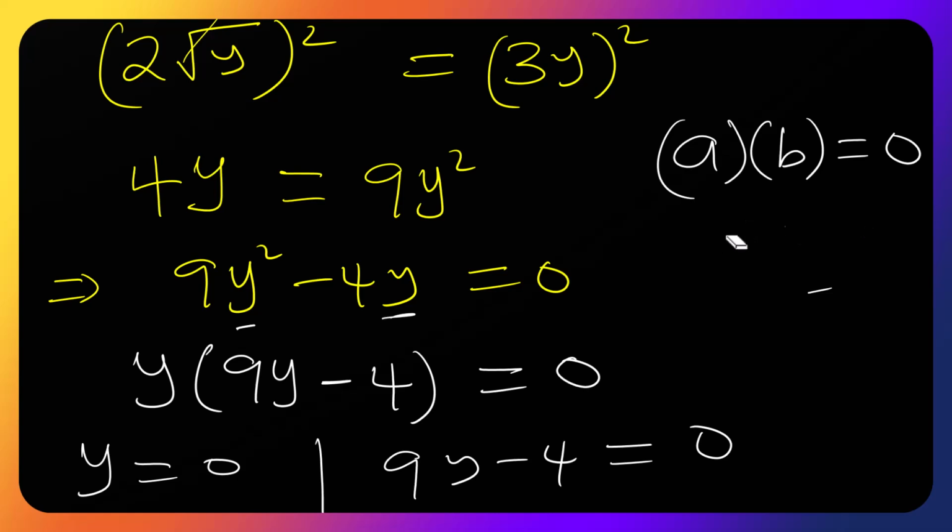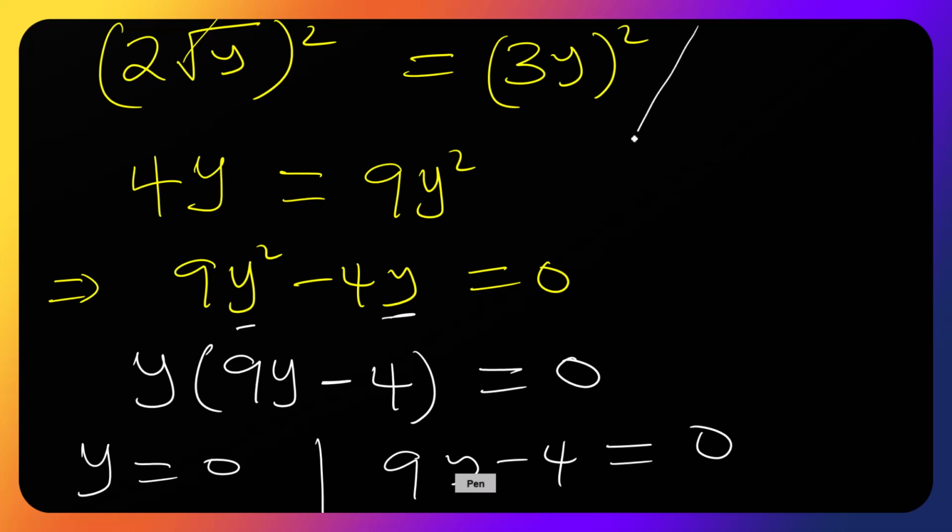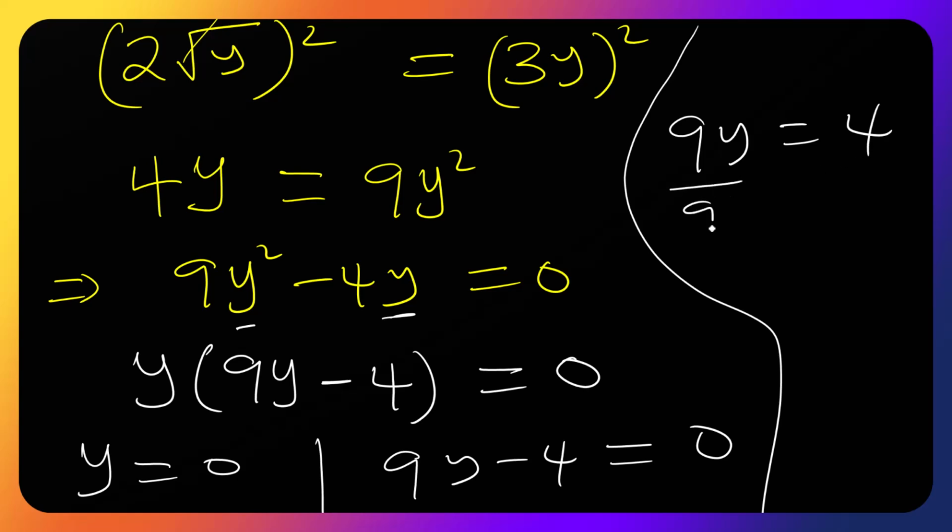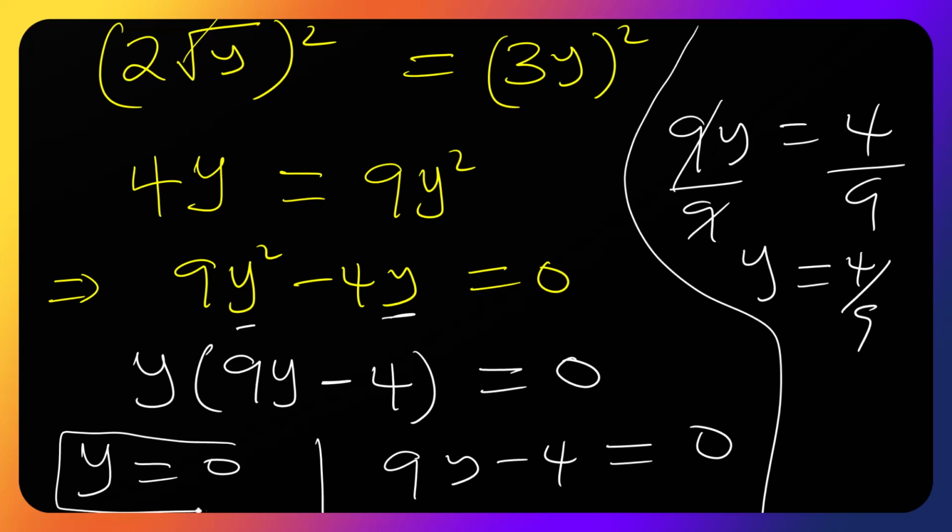We have 9y minus 4 equals 0. So this one is the same as 9y equals 4. Dividing over 9, my y is straight away 4 on 9. Because this one is quadratic, we have two answers. And anytime you solve quadratic, you should get two answers.